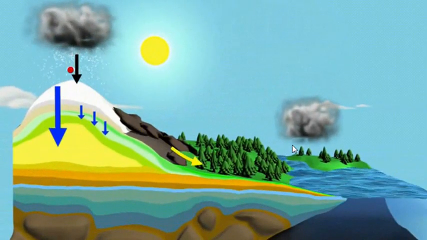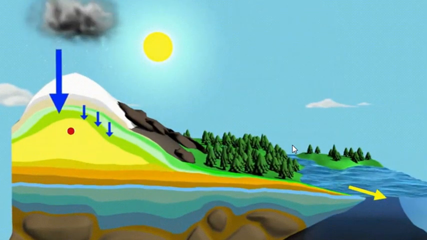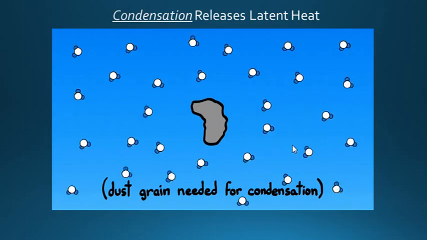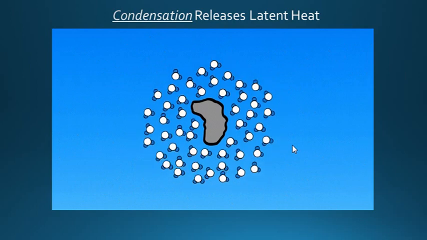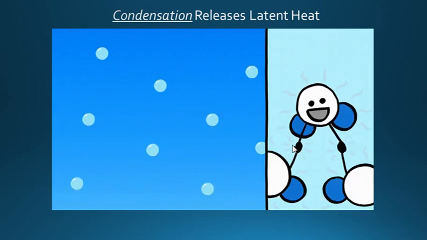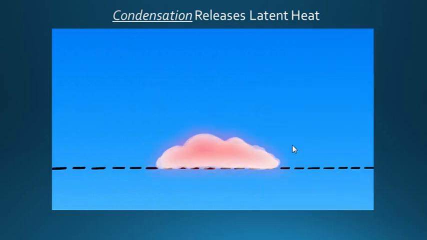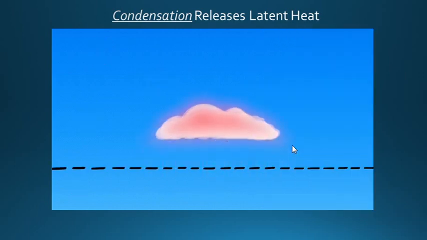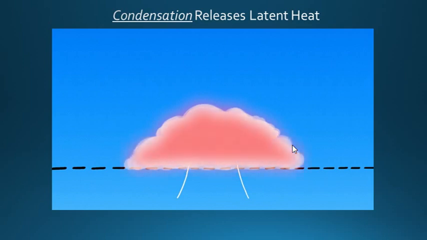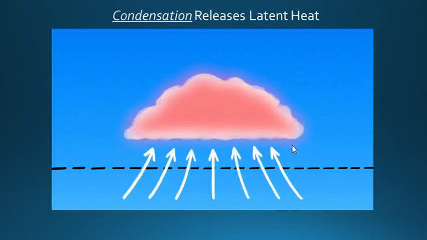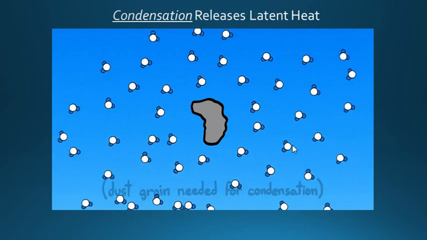A snowstorm releases a surprising amount of energy. Condensation releases latent heat. All of the energy that it took to get that water molecule airborne is released when it comes in for a landing on a cloud droplet. And that latent heat heats the cloud further, increasing convection.